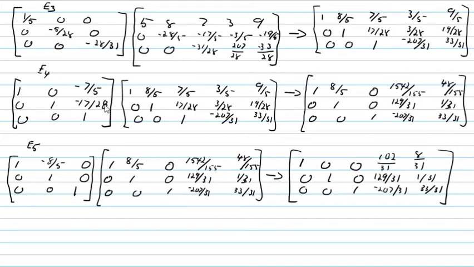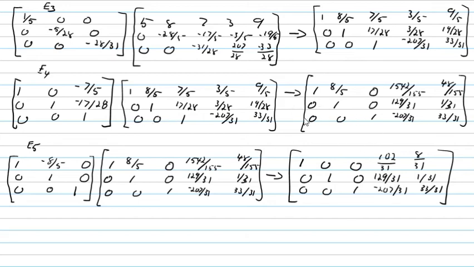And so now how can I get zeros here? Well, I need to use this elementary matrix here. So notice what this is going to do. When we multiply this matrix by this one, this row will simply be 0 of this row plus 0 of this row plus this row here.